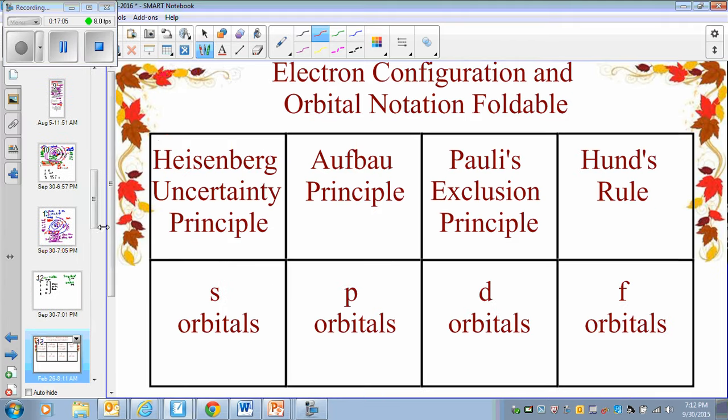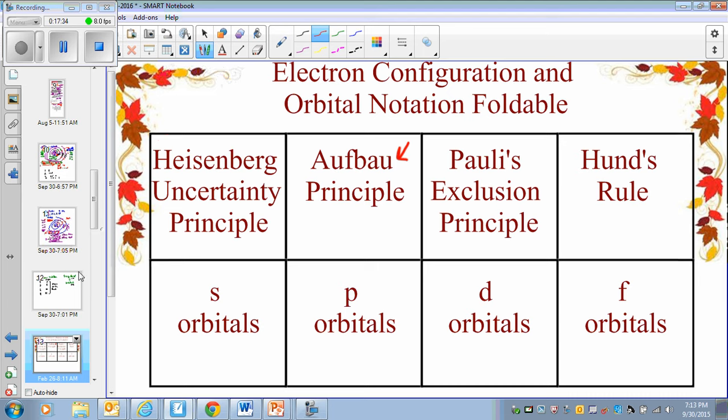Let's talk about the other scientists. There are different scientists who played a big role in electronic configuration and orbital notation. So Aufbau principle I explained already. It talks about filling in the lowest energy level first. I want you to take a piece of paper and fold it in hot dog format, lengthwise, and then fold it into 4 more sections, so you make 4 or 8 flaps.